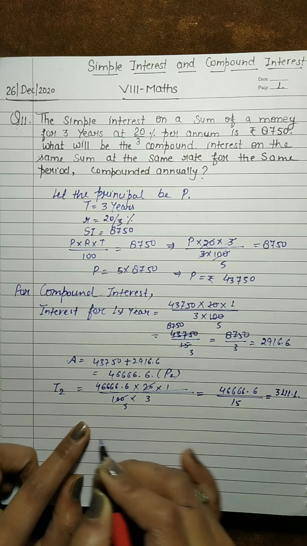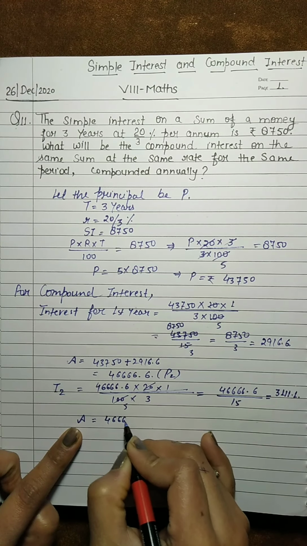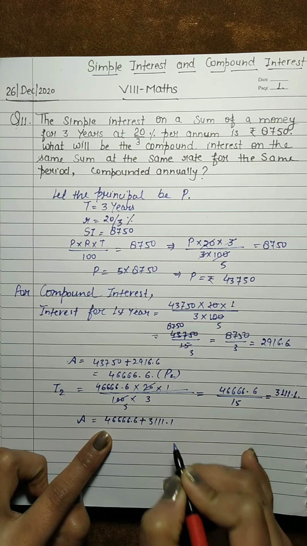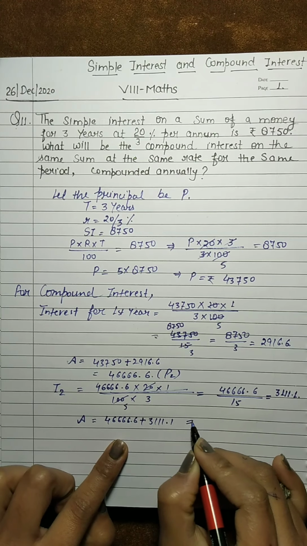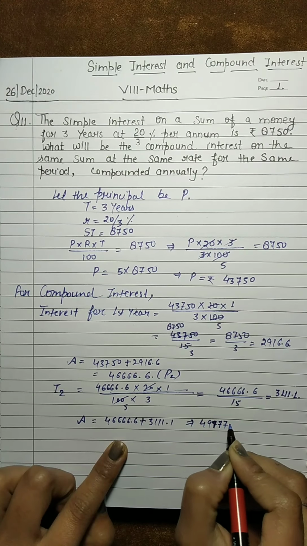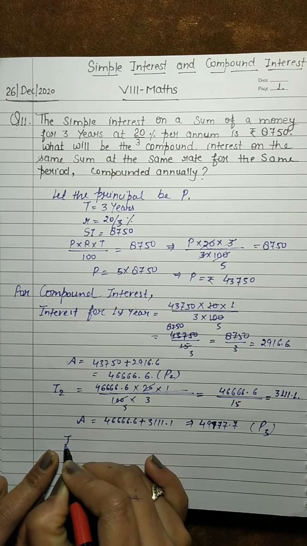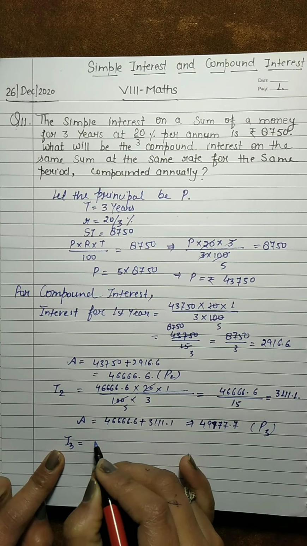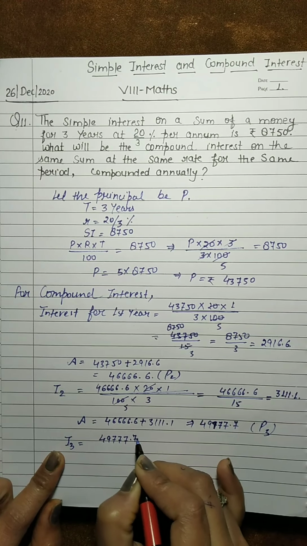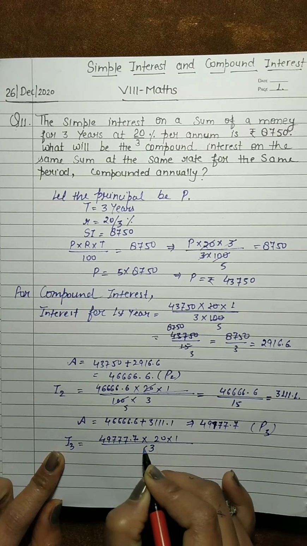3111.1. Okay students, so here we will find the amount, that will be 46,666.6 plus 3111.1. Okay, now we add them and after adding we get 49,777.7. Okay, so that is the principal for third year. So now interest for third year, so that will be 49,777.7 into 20/3 and into 1 and into 100.